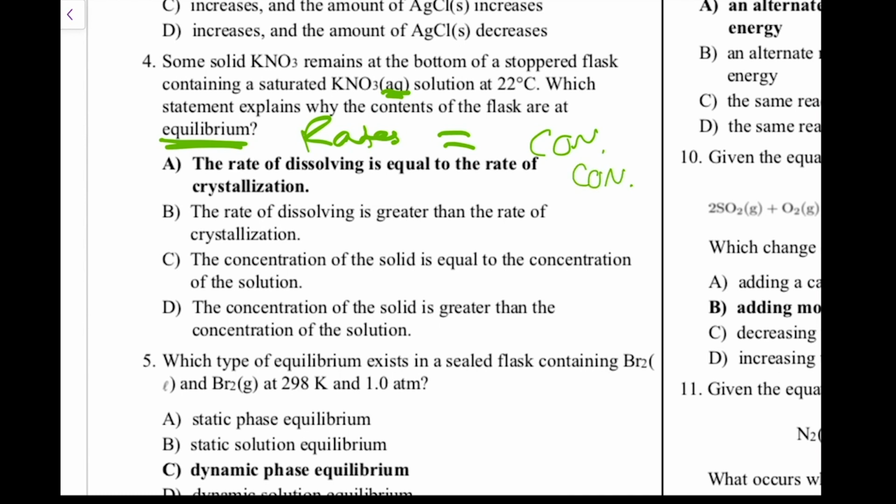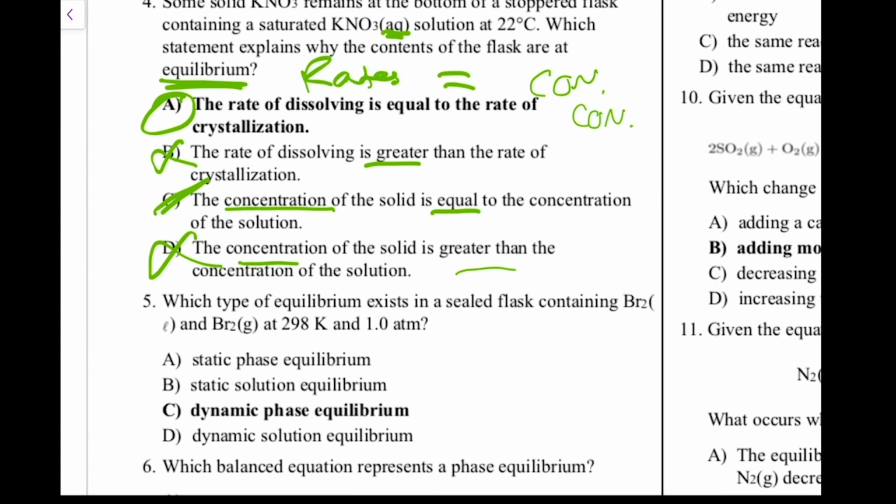Constant does not mean equal, so it cannot be C. Concentrations are not greater, so it can't be D. The rate has to be the same, so that's why it is A. Again, those two things: rates are equal, concentrations are constant. Constant just means the concentrations are not changing. They don't necessarily have to be the same amount.